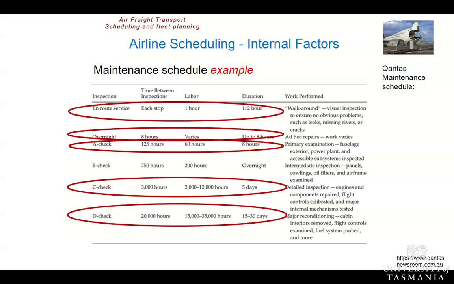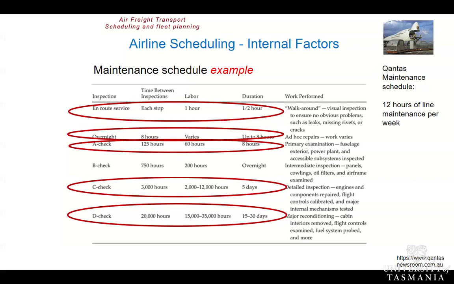And after 20,000 hours, we come up with a D check, and essentially the aircraft is pretty well pulled apart and put back together again. Can take between 15 and 30 hours. So while everything's happening in regards to your arrangements for the air scheduling, each and every one of those aspects of what goes on with a plane also needs to be considered.